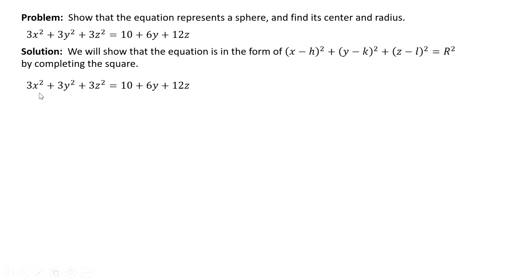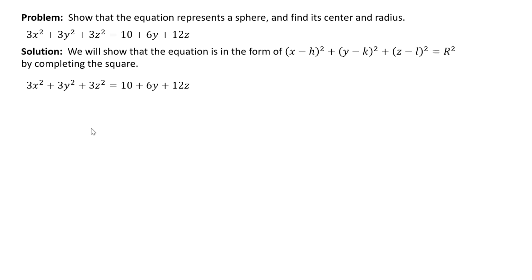But here the coefficient of x squared is 3. Uh-oh, so this is not. No, don't jump to that kind of a conclusion right away, because who's stopping us from dividing throughout by 3? In that case, the coefficients of x squared, y squared, and z squared will be 1 as required, right?